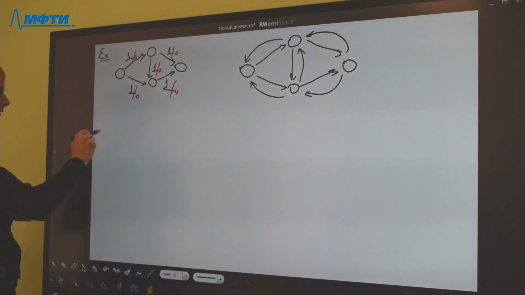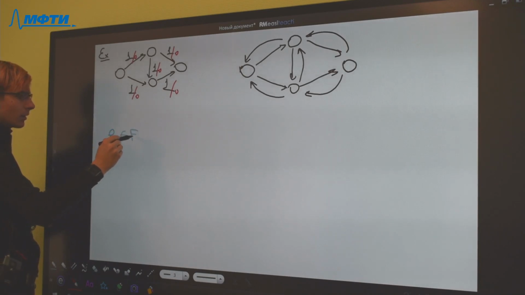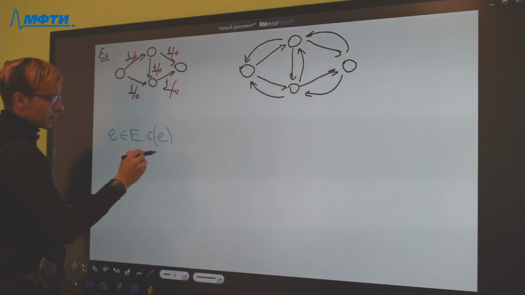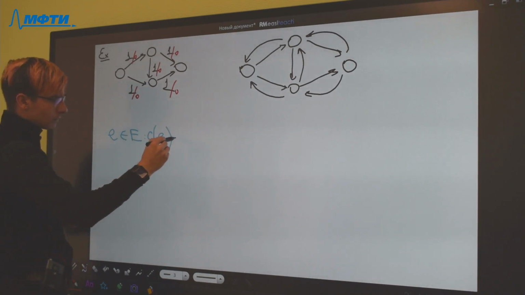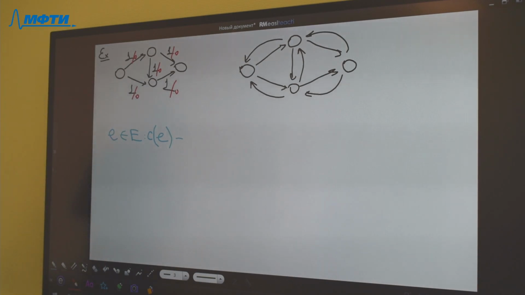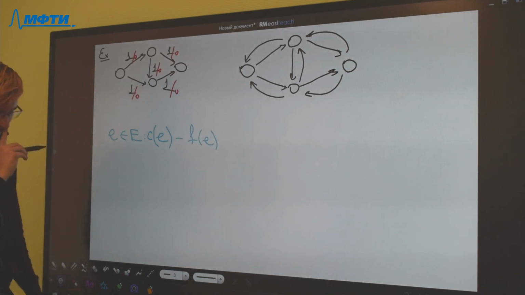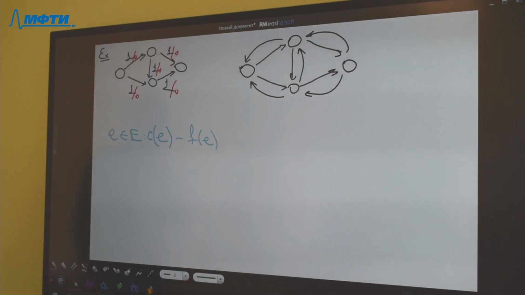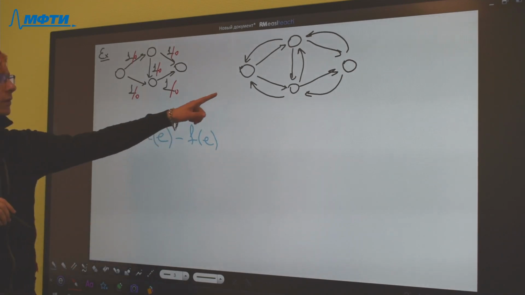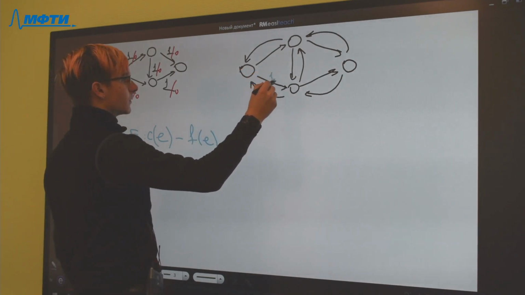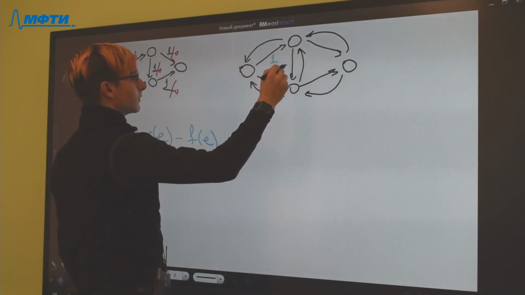For each edge we have the capacity of this edge, and we have the flow that goes through this edge. And capacity minus flow is equal to the number that I need to write on the edge. For example, it's equal to 1, and equals 1.